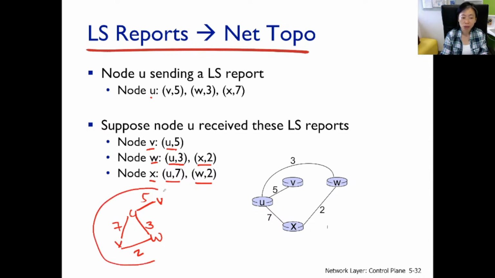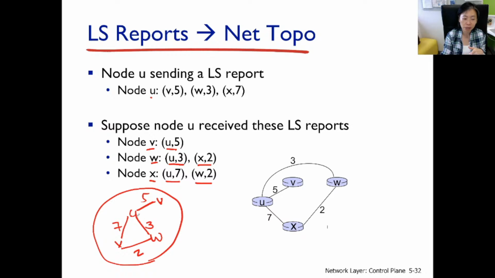And you now manage to reconstruct the total network information from receiving link state reports from all the nodes in the network. And it's contributing also so that other nodes receiving U's link state reports can also reconstruct the total network.